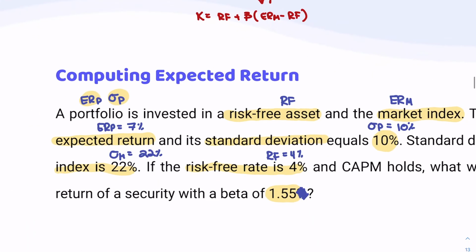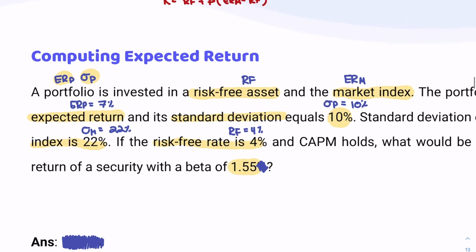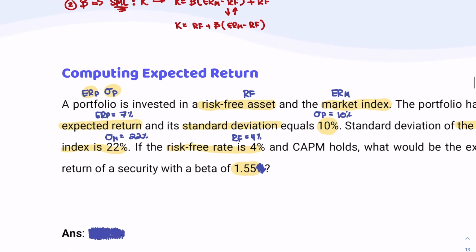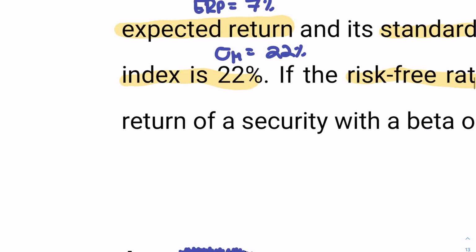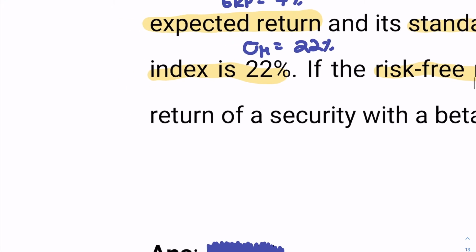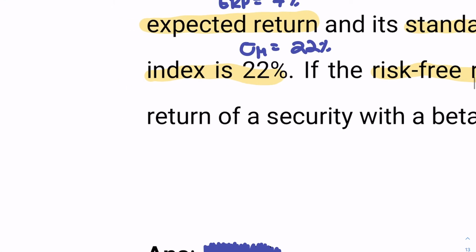So with that, we need to be able to identify, well, how do we get whatever's missing? So in this case, what we'll do is we'll look at our SML formula. I think that's the best step to actually do on an exam, is once again to identify our SML formula and see what we're missing and how we could get to that missing puzzle piece. And we're just going to do that in real time.